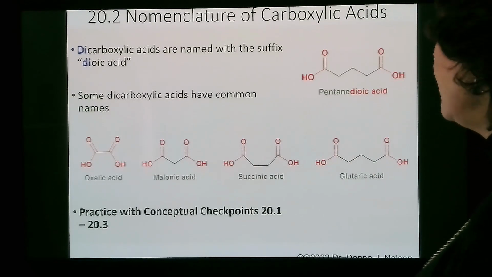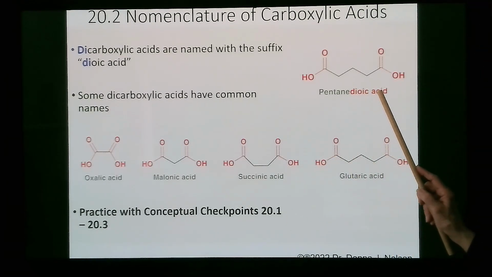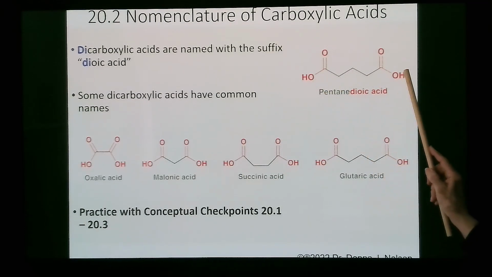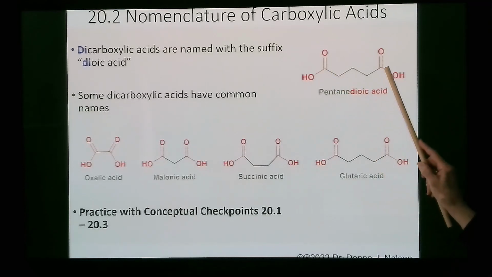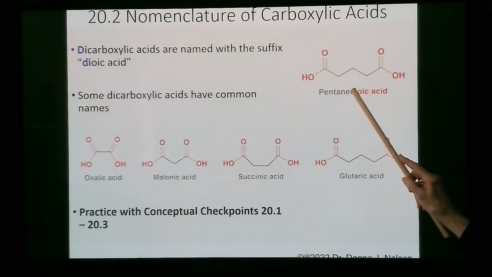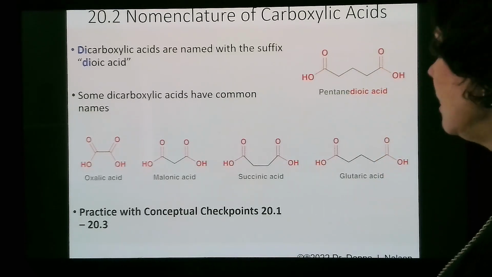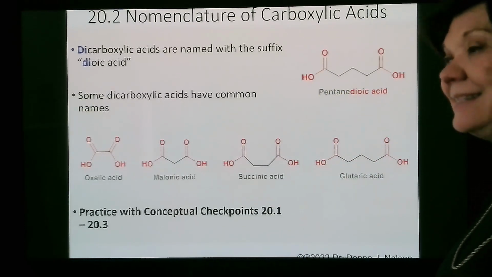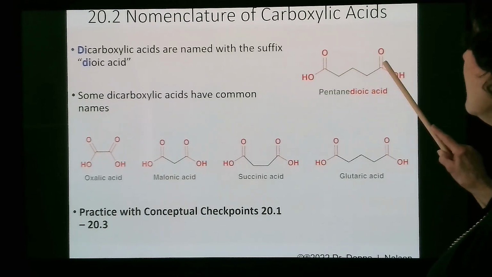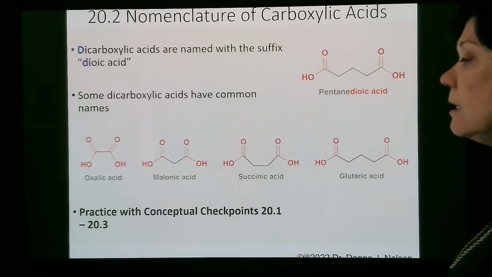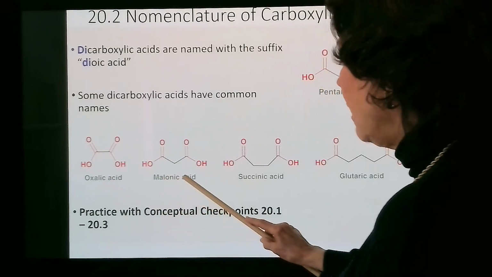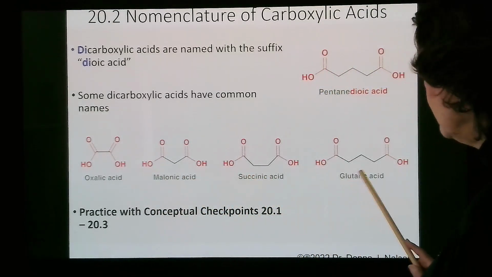Dicarboxylic acids are named with the suffix dioic acid. So here you can see the two carboxylic acid functional groups, and this is pentane, 1, 2, 3, 4, 5, pentanedioic acid. So the carbon in the carboxylic acid is counted when you're counting the number of carbons in the chain. So here are common names: oxalic acid, malonic acid, succinic acid, glutaric acid.